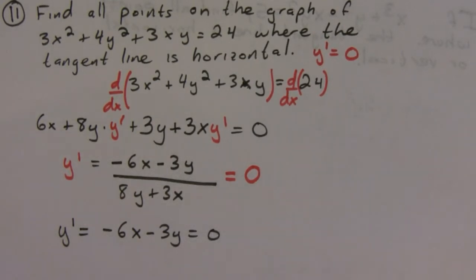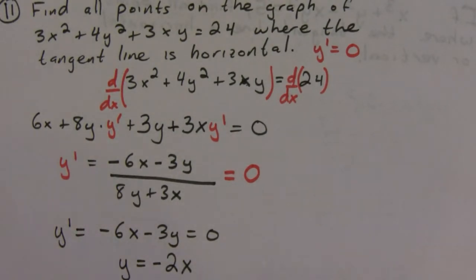When is this equal to 0? Well, this is equal to 0 anytime that y is equal to negative 2 times x.